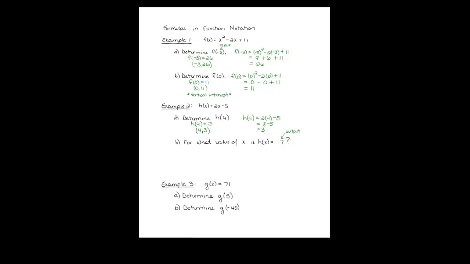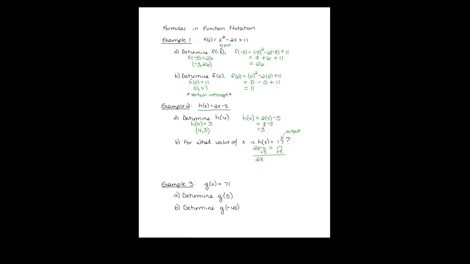So we have h of x is equal to 17. H of x, looking back up here, is equal to 2x minus 5. So we're going to replace h of x with 2x minus 5. So what we're looking for is what value of x will 2x minus 5 equal 17? That is the equation here that we are going to solve. So to solve it, same as we've done in the past, add 5 to both sides.